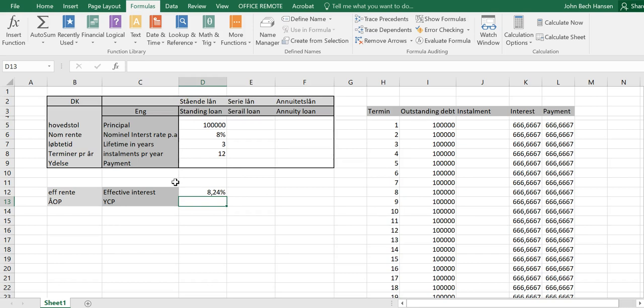And typically they'll say, well, you owe us 100,000, but you will receive the 100,000 minus the costs. So let's say they have total costs of 20,000. Then we have to establish a cash flow to see what is actually the true cash flow here.